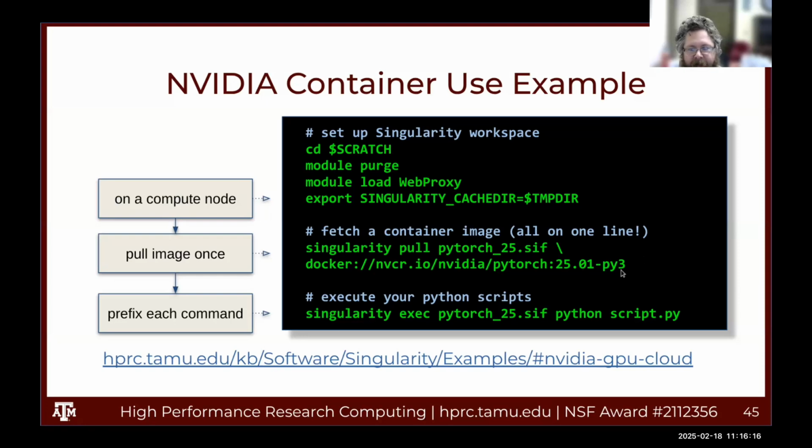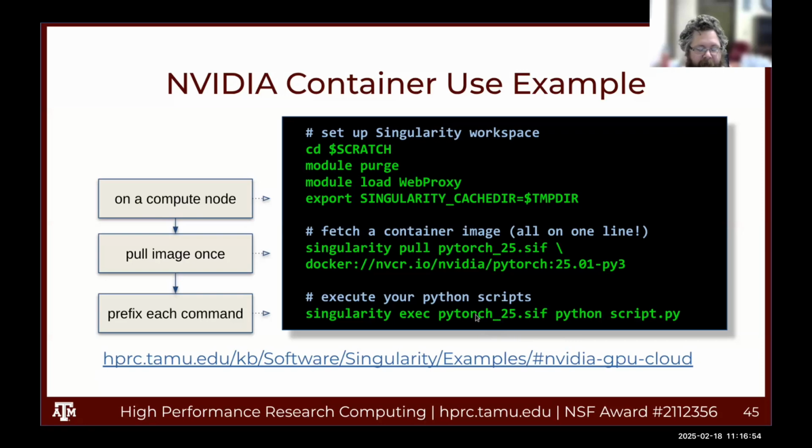Finally, whenever you're ready to launch an application, like a Python script, you just need to prefix your command with singularity exec and the name of the image. This will launch your process, but your process will see the image as the file system instead of seeing the real physical file system. So when you run a Python script, if the script wants to import PyTorch, it will start searching around in the image to see if it can find PyTorch. And it will be able to because it's installed in the global space in the image.